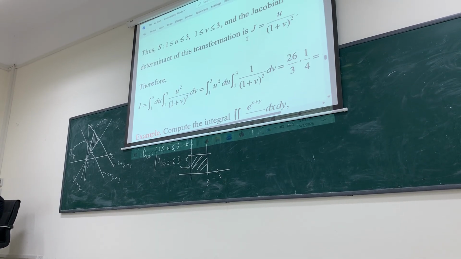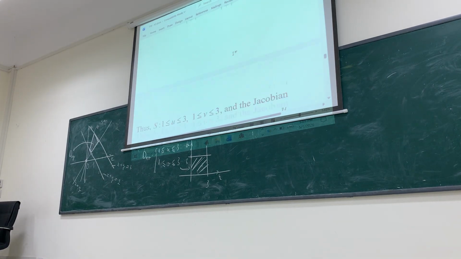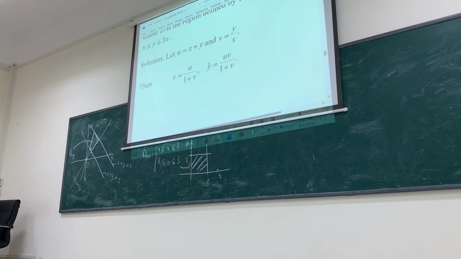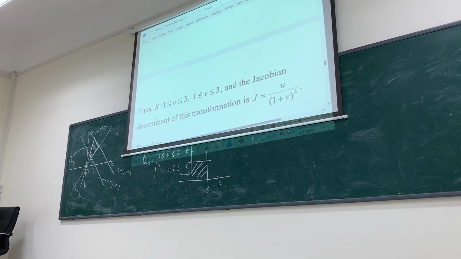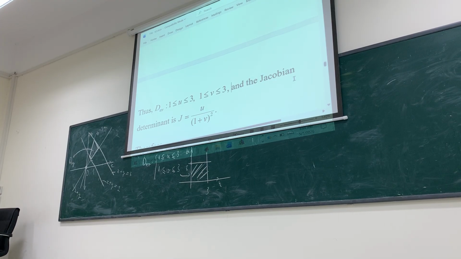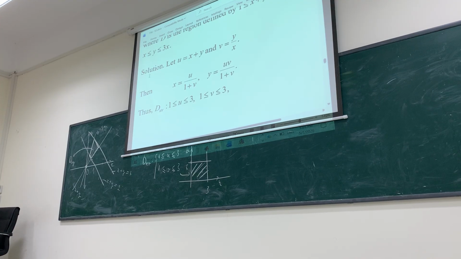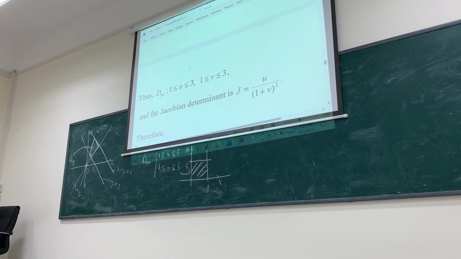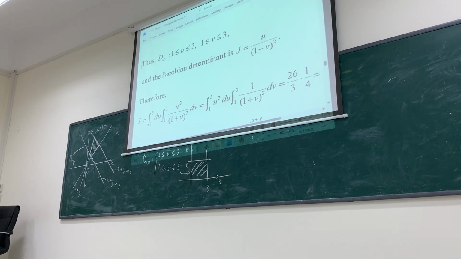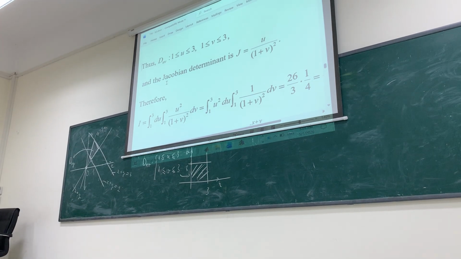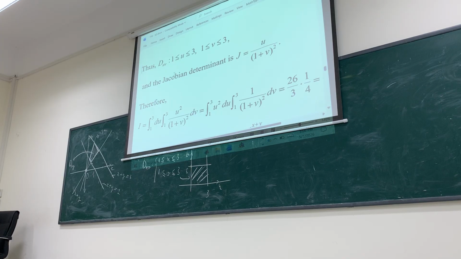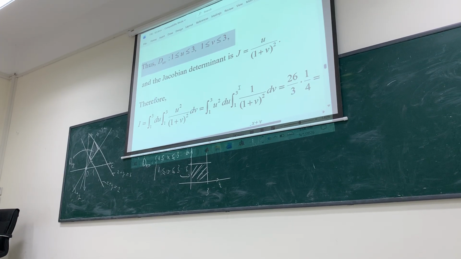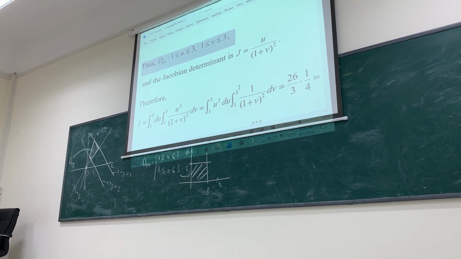The Jacobi determinant is equal to U over 1 plus V squared.